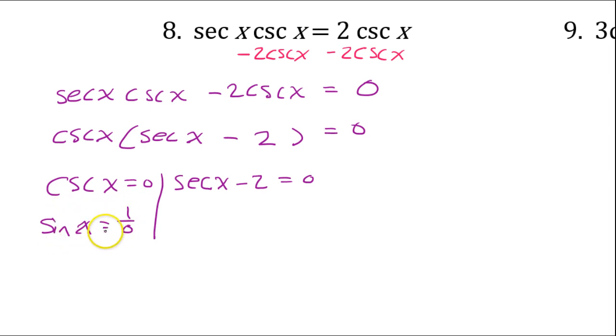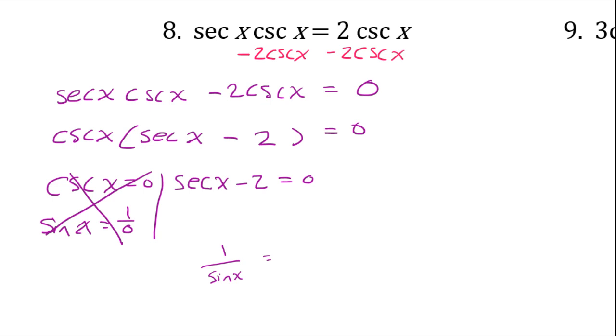Of course this is undefined, which means that cosecant x is also undefined. So this will not yield any solutions. I'm just going to throw that out. Cosecant cannot equal 0, just like sine x cannot equal 1 over 0.